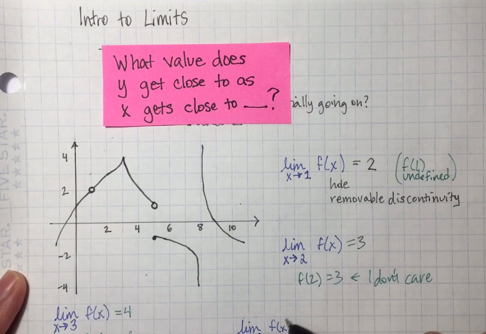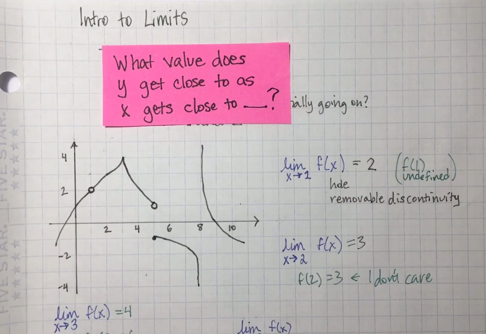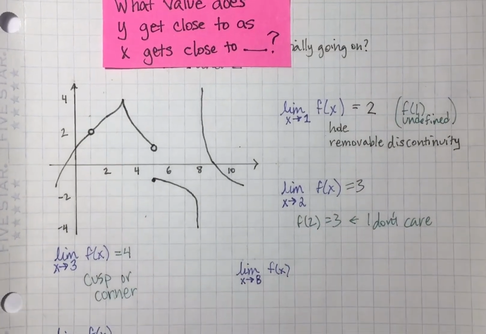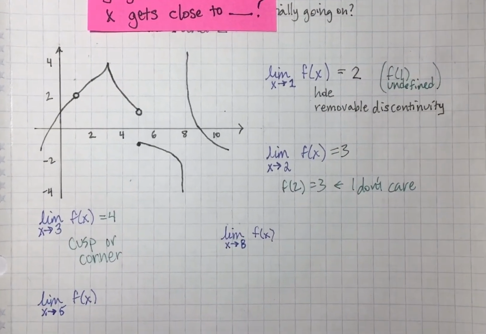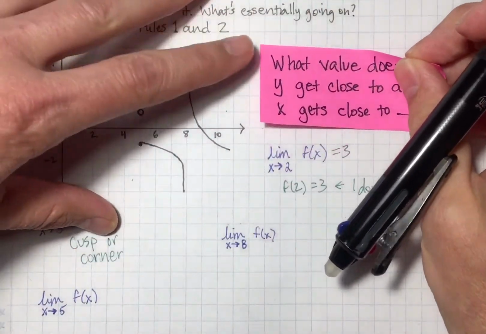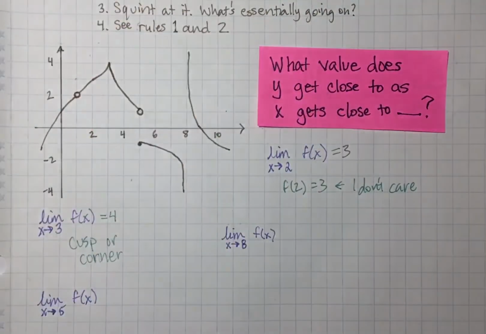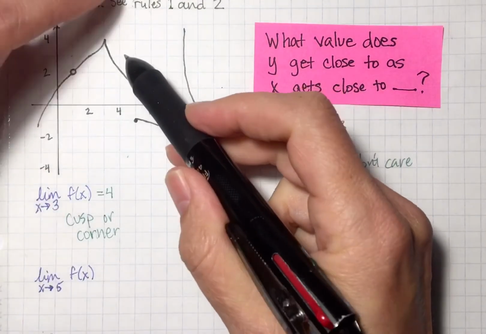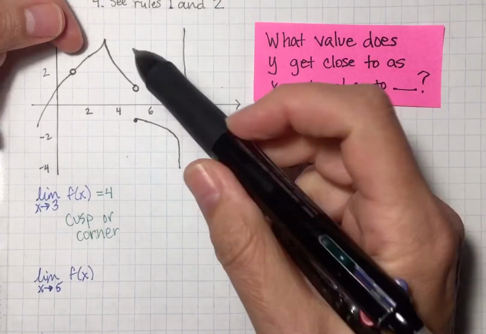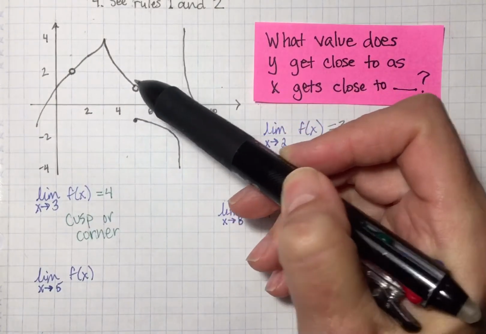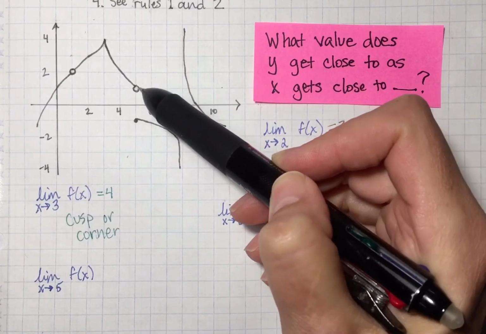Okay, looking at x approaching 5. I'm going to slide my paper up. So the limit as x approaches 5. I'm still keeping this question in mind. I'm going to move it so we can still see it. But as x gets close to 5, now this is a problem. From the left side, heading from 4, I can see that my y value is heading towards 1.